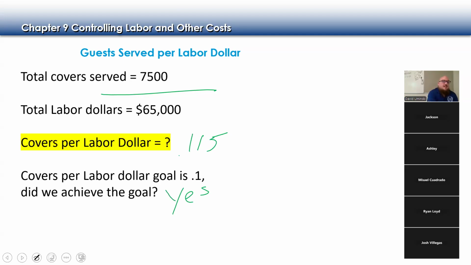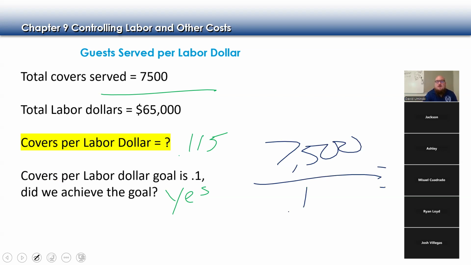Let's see what we should have spent, what our budget was. Sorry, that's the wrong number. 7,500 is my goal, divided by 0.1.